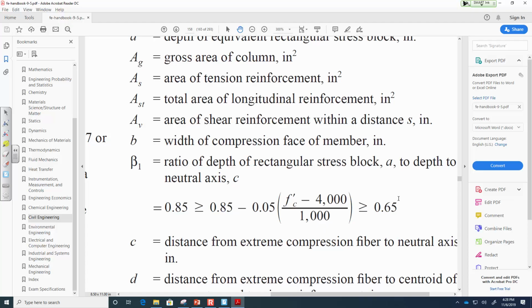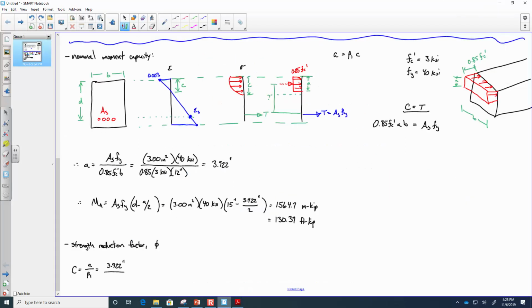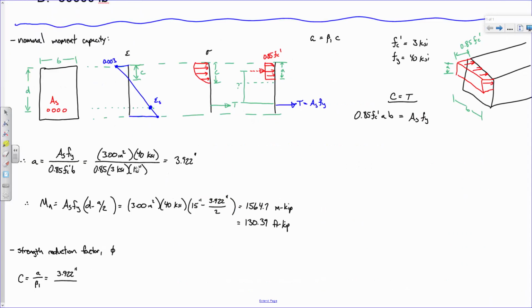If you put in 3,000 here, you could compute it, and you'll find that beta 1 is 0.85. Anytime your f'c is 4,000 psi or less, beta 1 is 0.85. And that equals what?